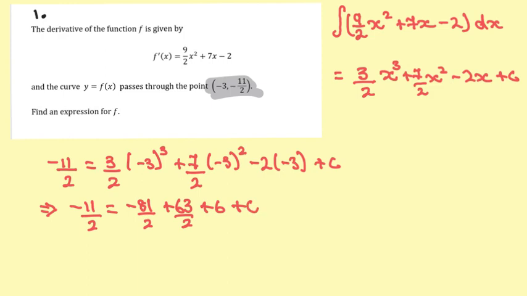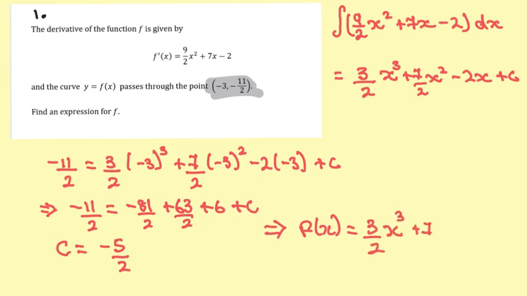If we rearrange for c, we get c is equal to minus 5 over 2. Therefore, f of x is equal to 3 over 2 x cubed plus 7 over 2 x squared minus 2x minus 5 over 2.